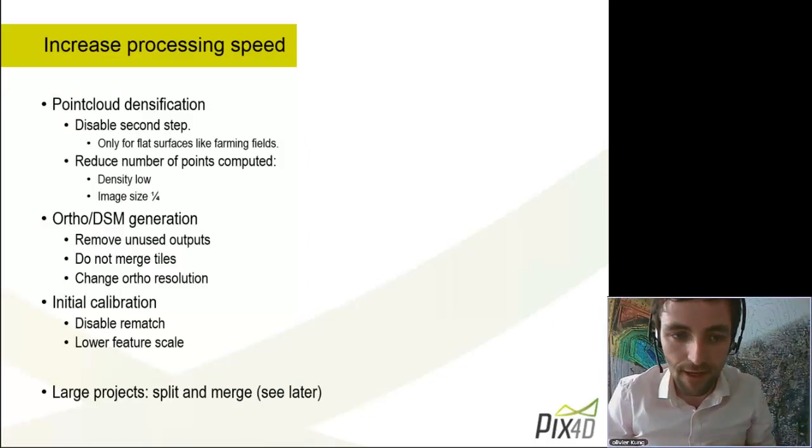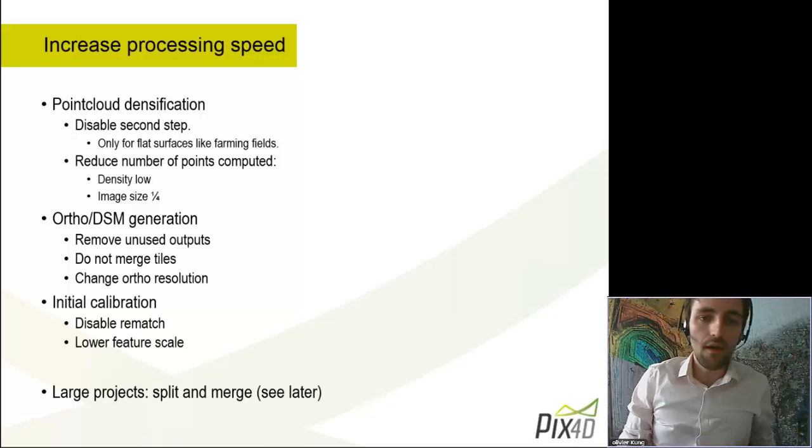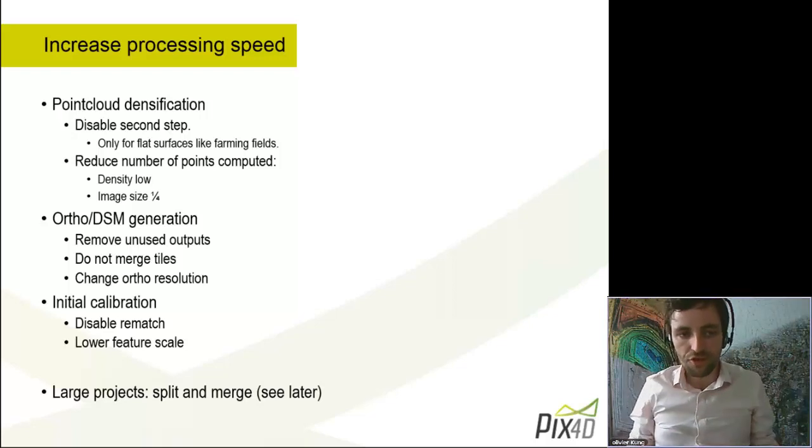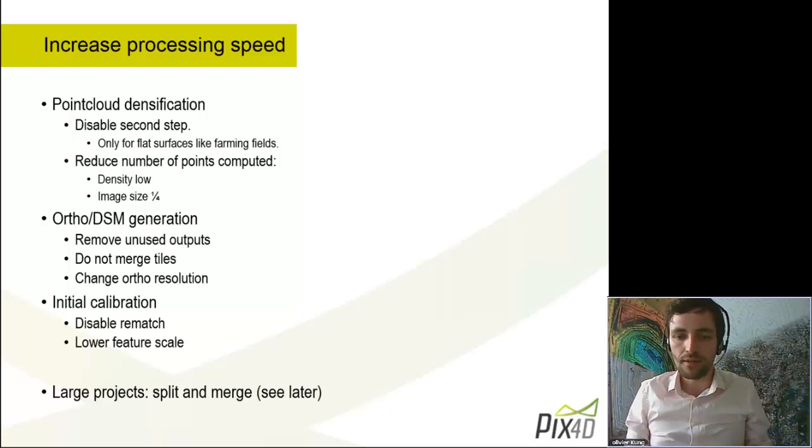So let's go specifically into, from all these options, if you really wanted to maximize the processing speed, here would be basically, in order, the most important choices to make. The first one, what usually takes most of the time in a normal processing, is the point cloud densification.